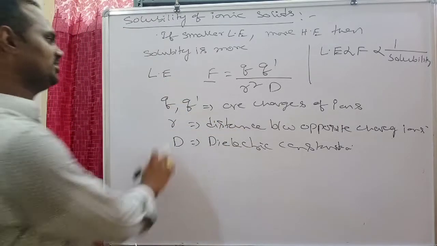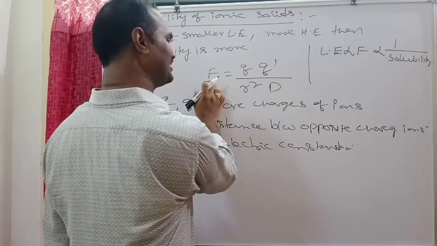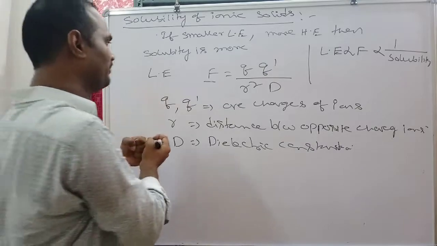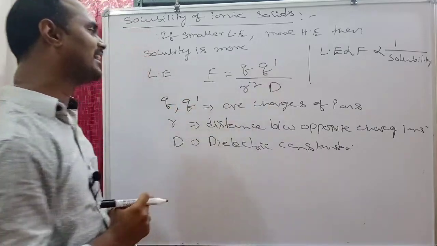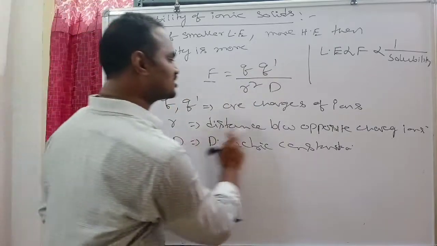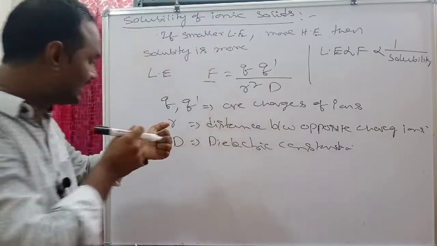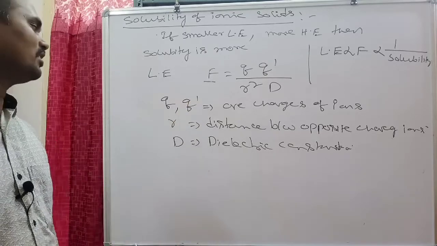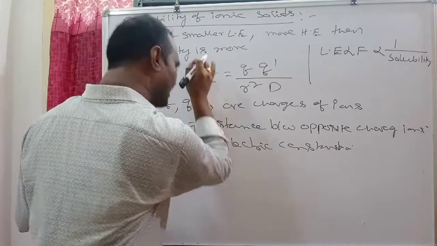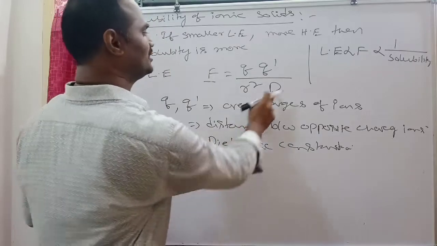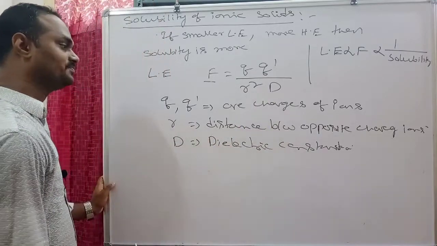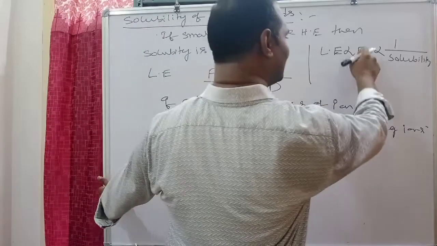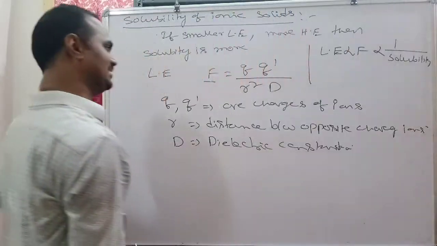Carefully see, sir. When the charges increase, attraction increases. The reason: more charge means more strongly attracted. When the distance between the opposite ions increases and the ions are far away from each other, the attraction decreases. When the dielectric constant increases, force of attraction decreases, and when force of attraction decreases, solubility increases.